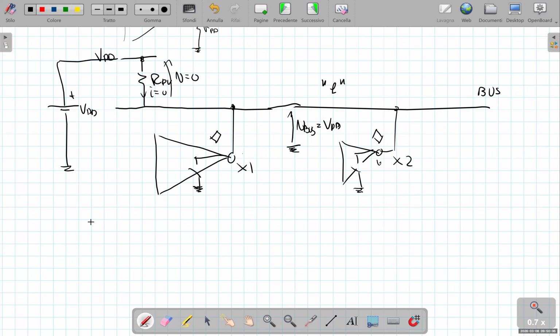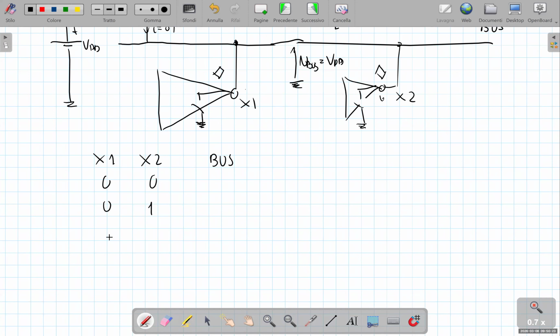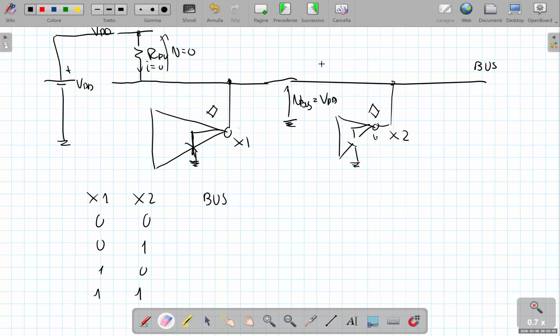If we consider the truth table, the bus state is a function of the state of X1 and X2: 0, 0; 0, 1; 1, 0; 1, 1. Clearly, when at least one of the gates forces a logical 0, we have a low voltage on the bus and a low logical level on the bus. So in case 0, 0, the bus is low.